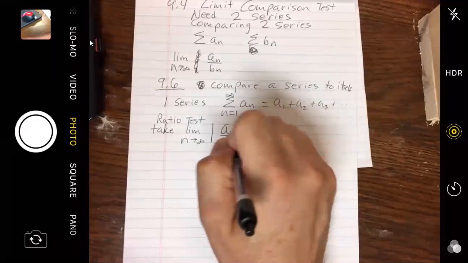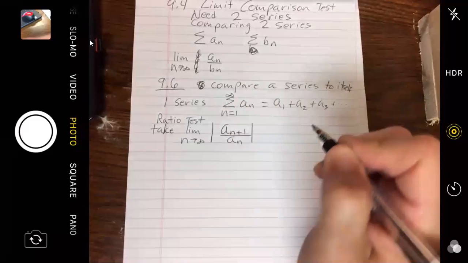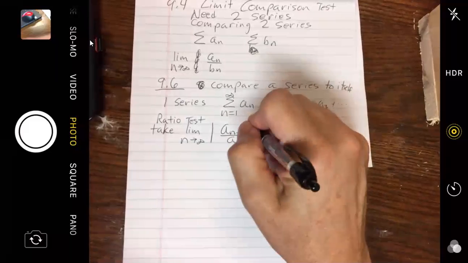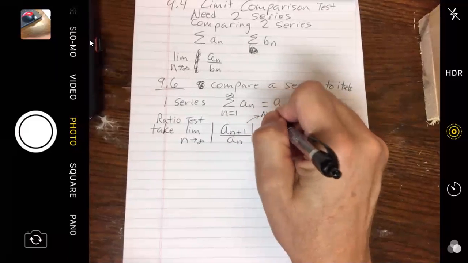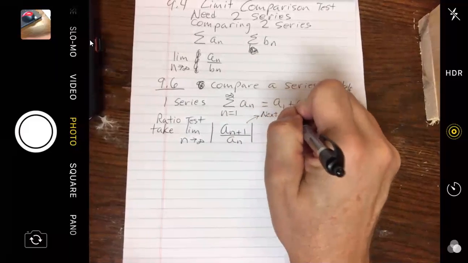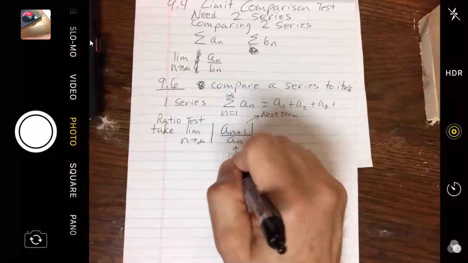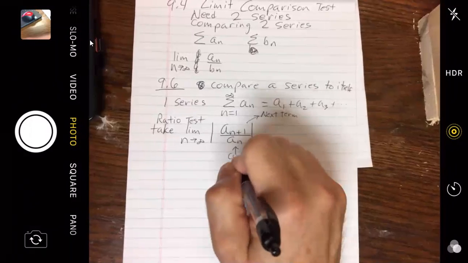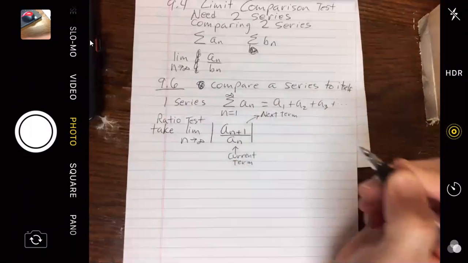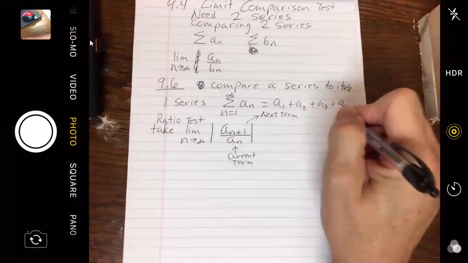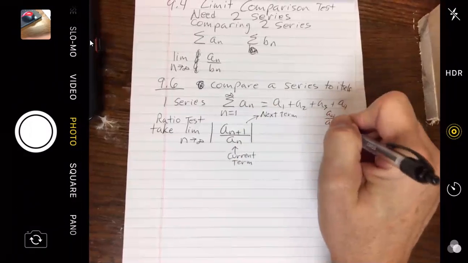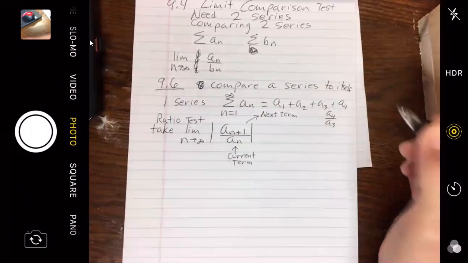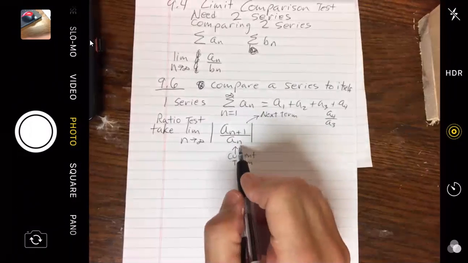You just take a ratio: a_(n+1), the next term, over a_n, the current term. It'd be like taking a_4 over a_3, but you do it generically with n.